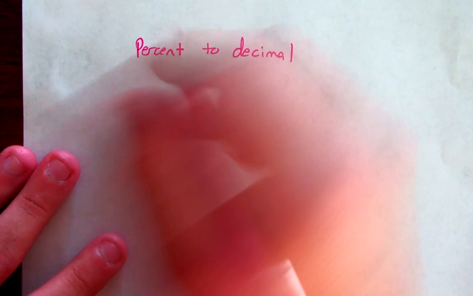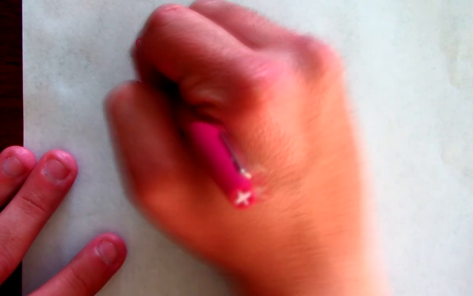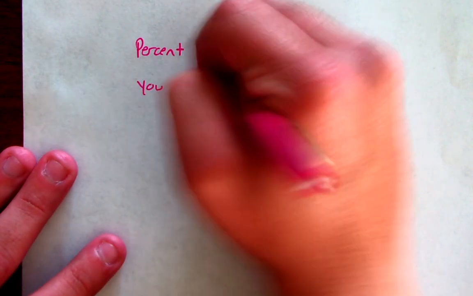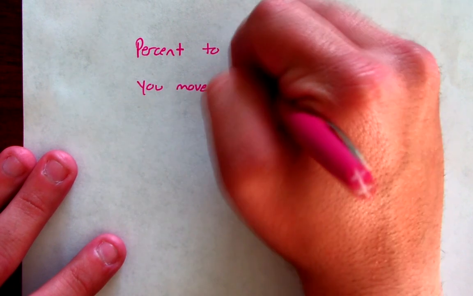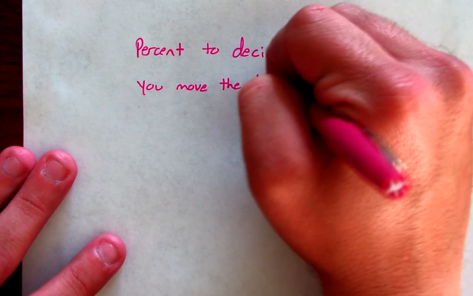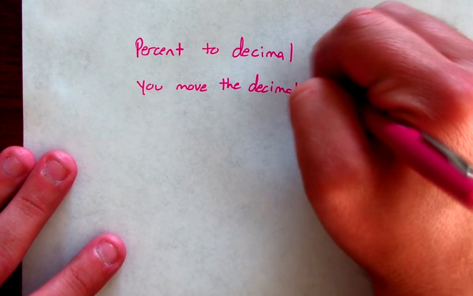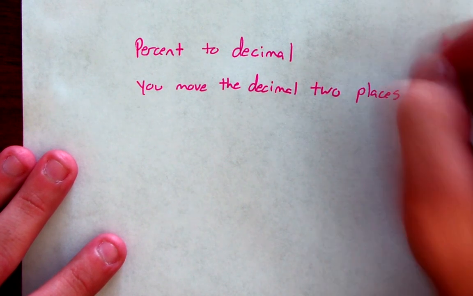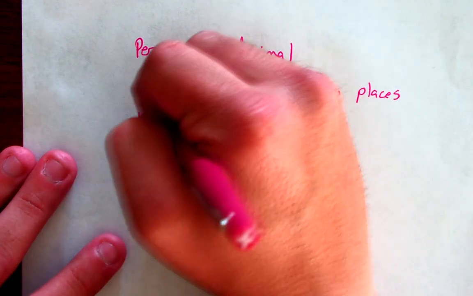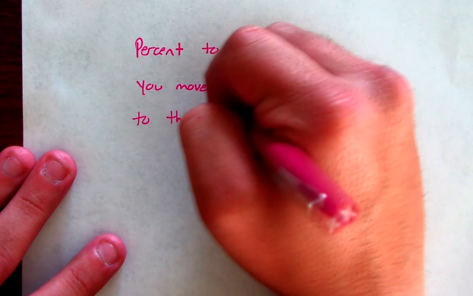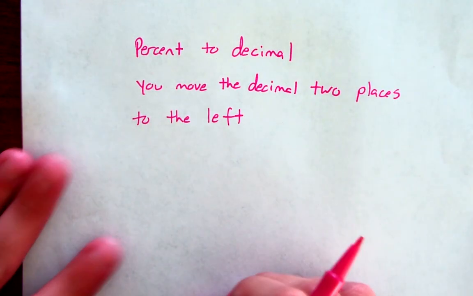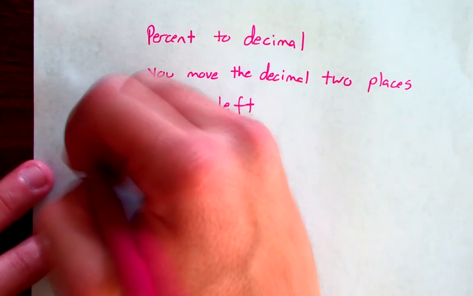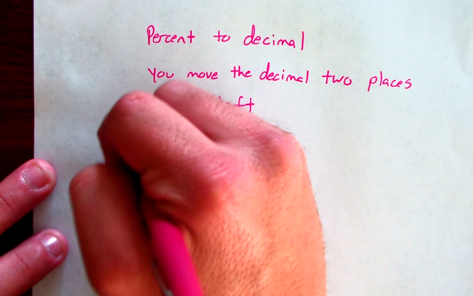This one you're going to move the decimal two places to the left. So let's do about 4 examples. Let's say we have 17%.